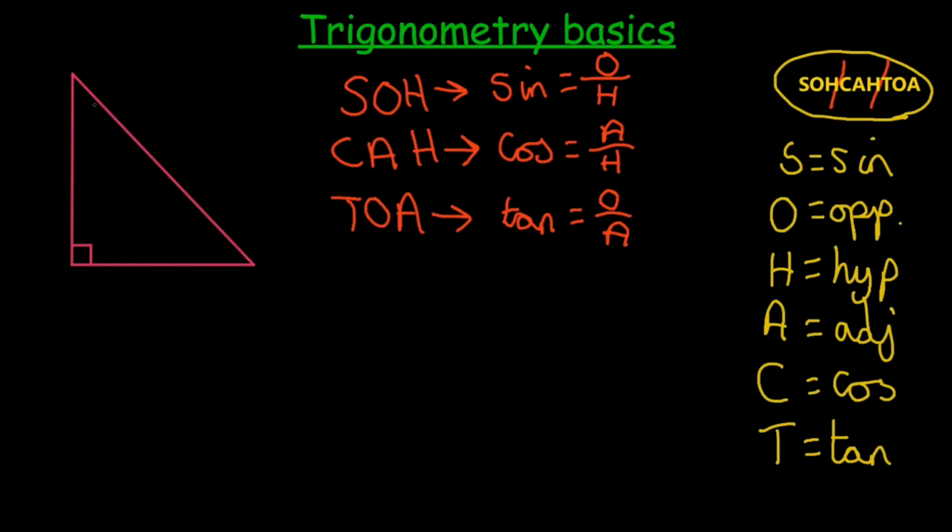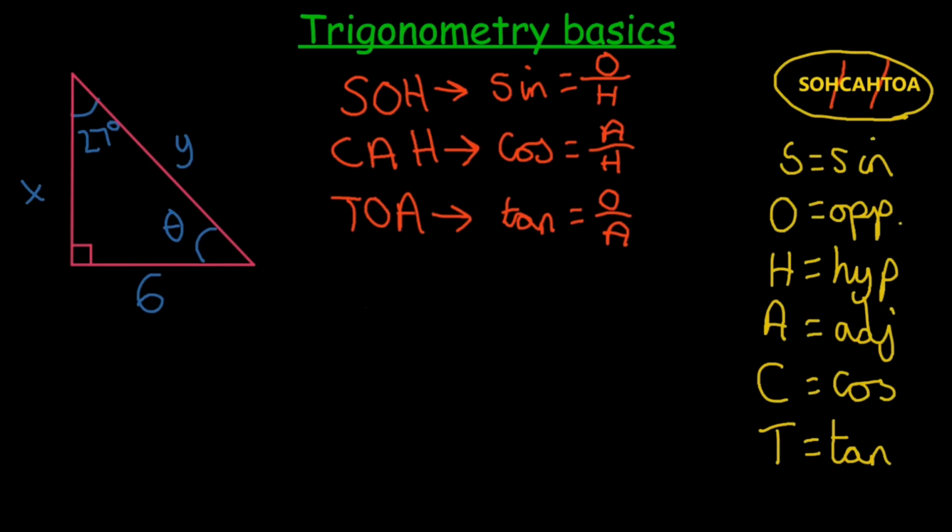Now let's say we have this angle here and it's 27 degrees, and we want to solve all side lengths of this triangle. We know this side length is 6, and we need to know this side length, and this angle theta.